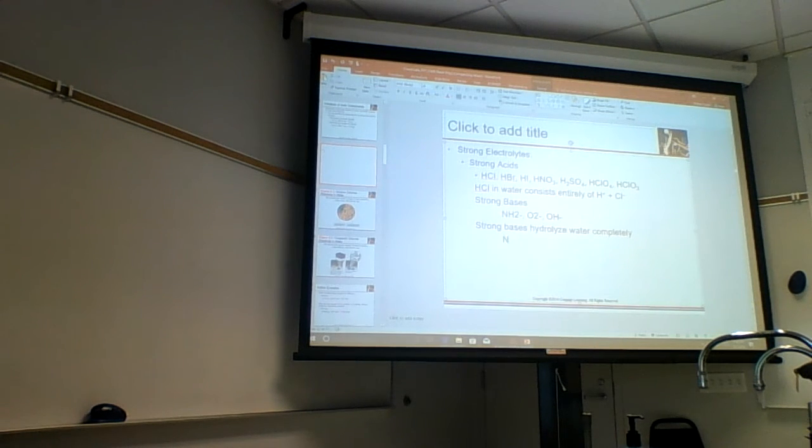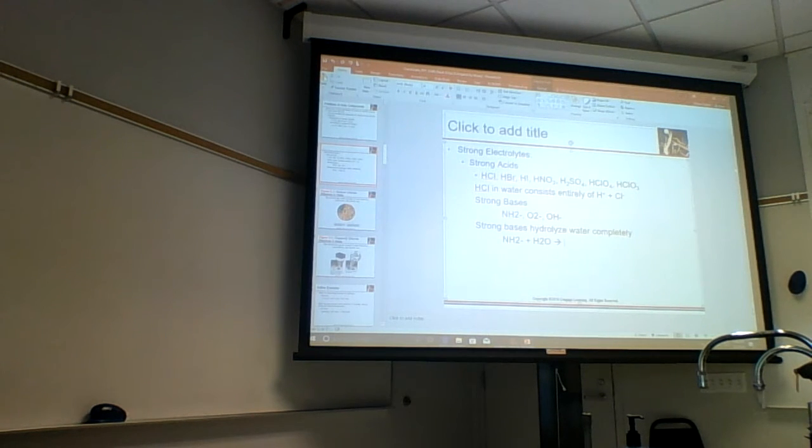For example, if I take NH2 minus plus H2O, what happens here is that the NH2 minus is too powerful of a base, and it'll attack water.